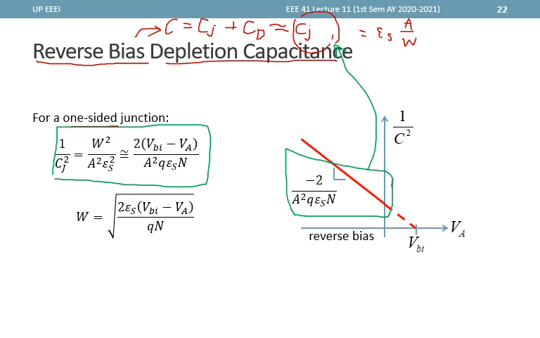And if Cj is dominant, then we can use this equation. So looking back, we said that up to a small forward bias, Cj is dominant. At this portion, Cd starts playing a role, and we cannot anymore say that this C is only Cj.